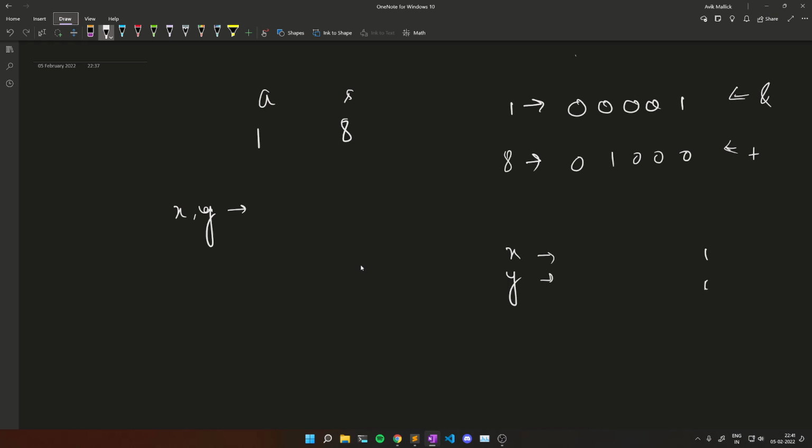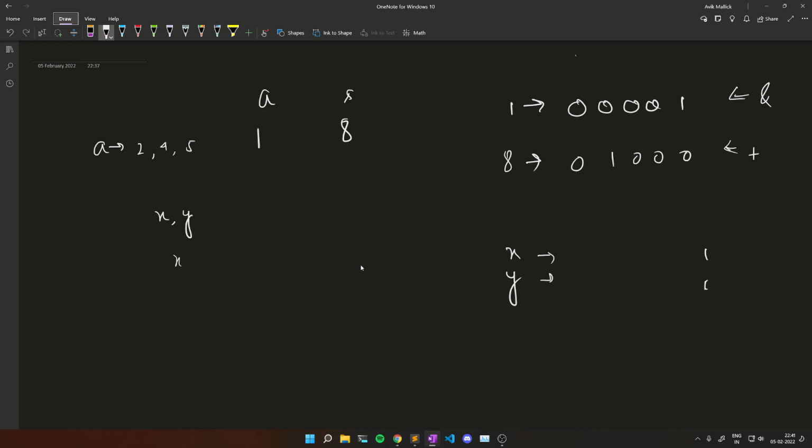Like what I'm trying to say, let's say x and y are the numbers for which the AND is A and the sum is S. So x and y both have, let's say A has set bits at positions 2, 4 and 5.